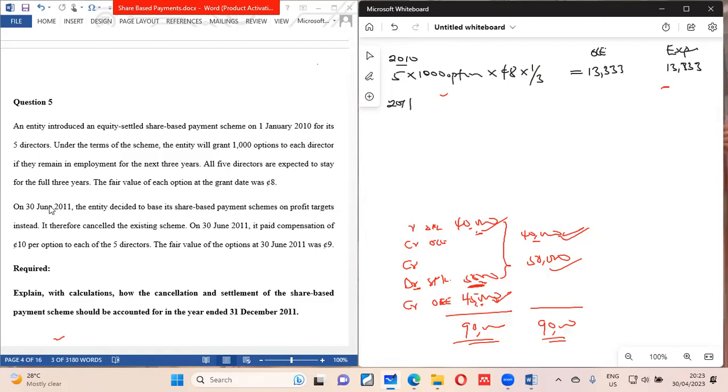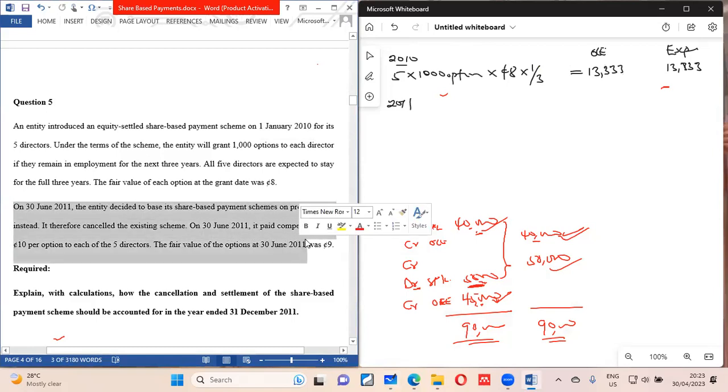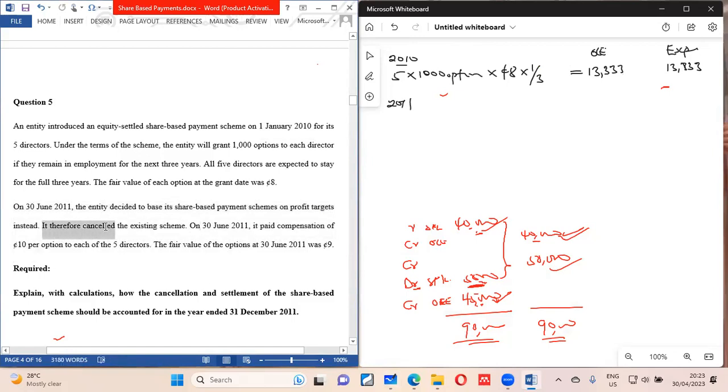But in 2011, you realize that on this date, the shares, everything was cancelled. You say it was therefore cancelled, cancelled the scheme. So as at the end of the year, this thing will not exist anymore for us.